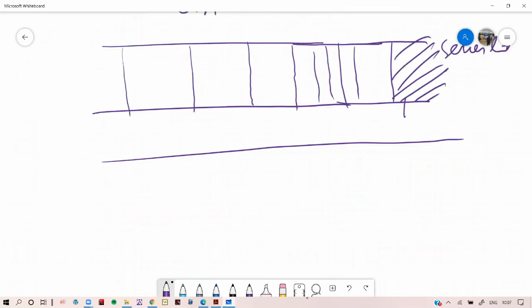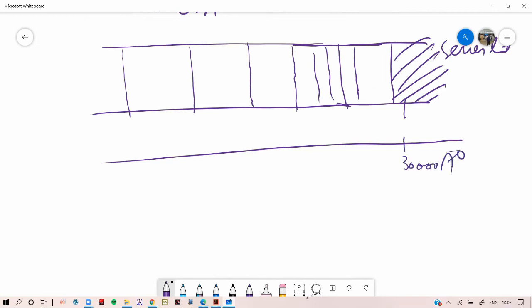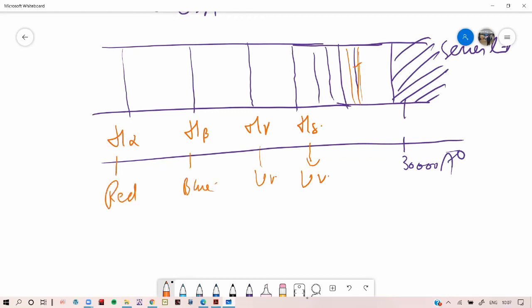So if you draw the wavelength axis here, this is 30,000. I will write the names here: H alpha, H beta, H gamma, H delta. The other lines are very small in energy and cannot be observed clearly, so they are drawn as continuous here. This is the series limit, which falls in the UV region. This is also UV, this is the blue region of the spectrum, and this comes into the red.